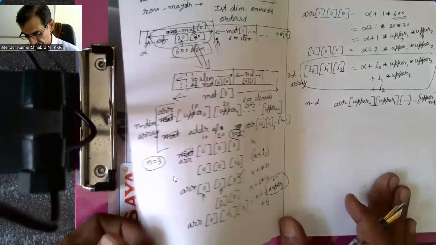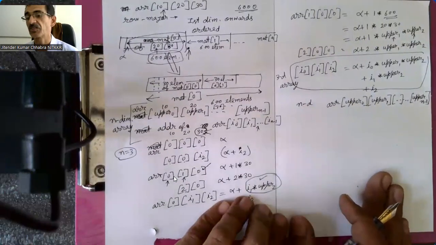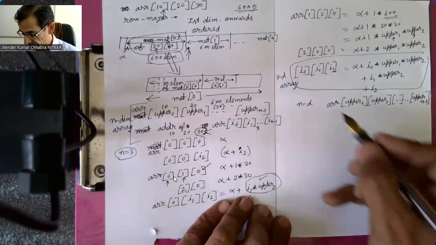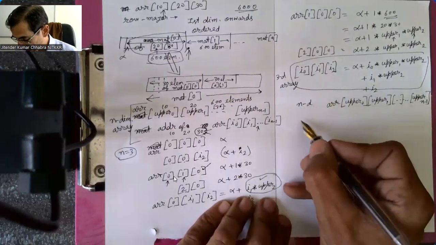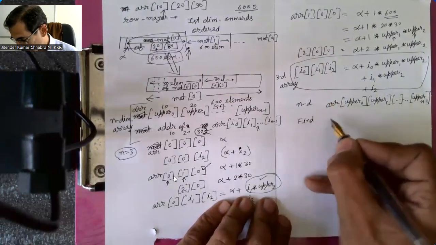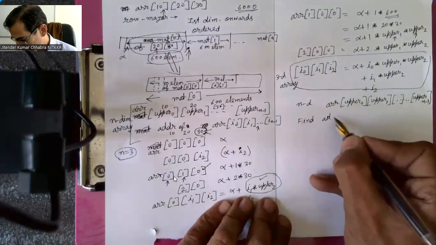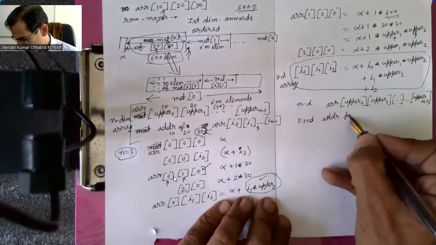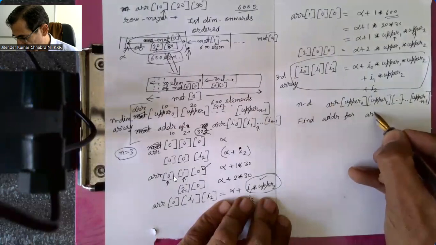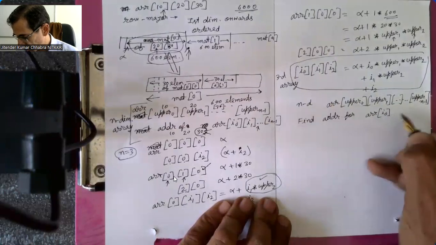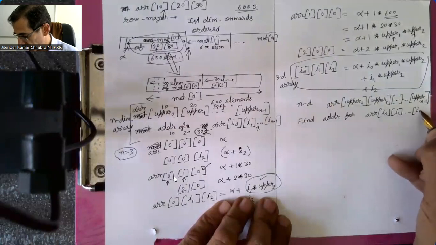And let me quickly write it so that it is clearly visible. Find the address for ARR I0, I1, up to I n minus 1.